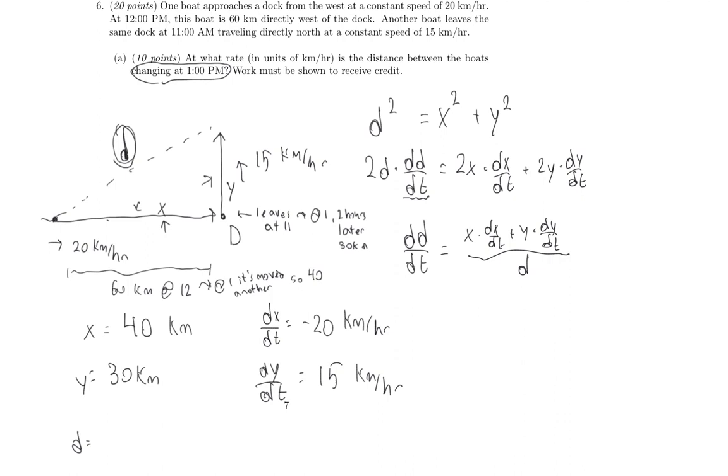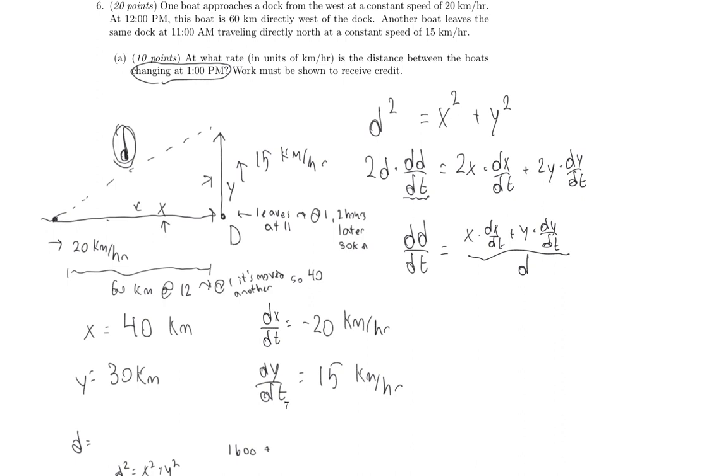Well, d, we said earlier, was d squared is going to be x squared plus y squared. And if we know that x is 40 and y is 30, well, then we can go ahead and figure out what d is. 40 squared is, sorry, let me think about this. It's going to be what? 1,600.